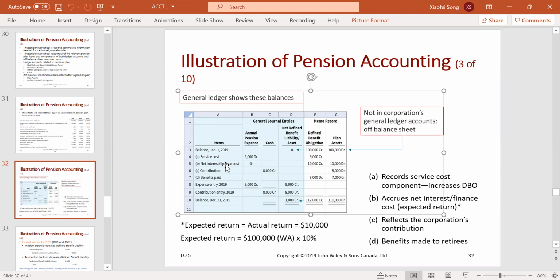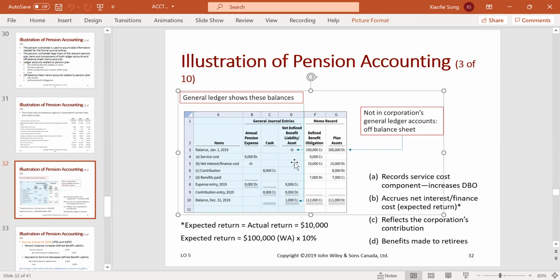The second one is net interest, the finance cost. We got a 0. It's just coincidence because the beginning balance of both are the same. So 10% of 100,000 plan assets gives us 10,000 expected return. 10% on 100,000 defined benefit obligation gives us 10,000 interest. And the net is 0.